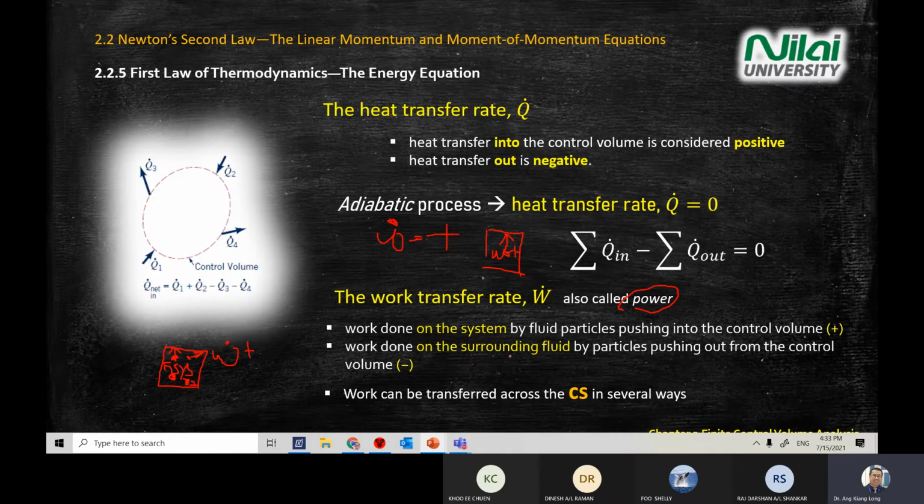Negative means the work is done on the fluid. So try to differentiate the positive and negative. Positive means on the system. Negative means on the fluid. The target is different. Positive means something happened to the system. Negative means something happened to the fluid.